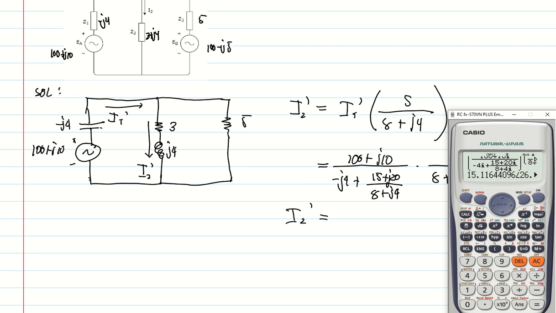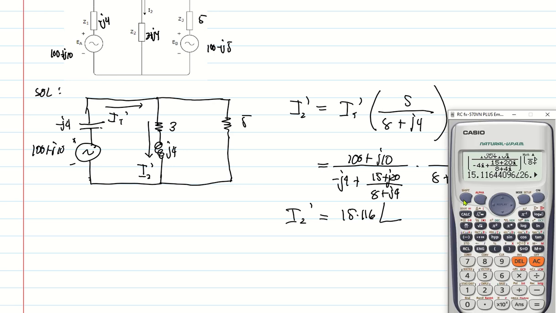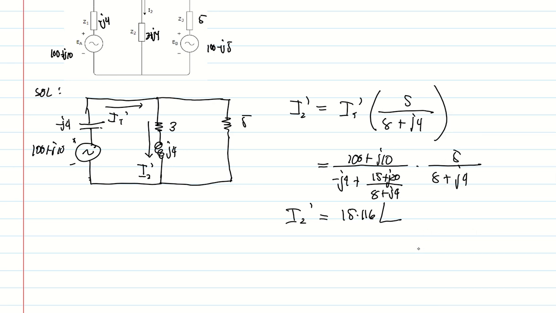So this is 15.116 angle 26.87 degrees. This is the effect of 100 plus j10 on 3 plus j4.